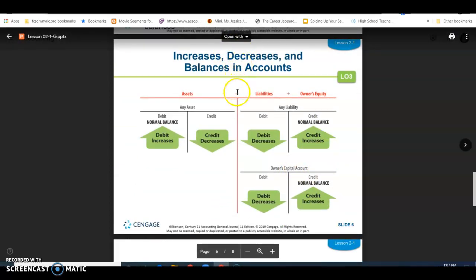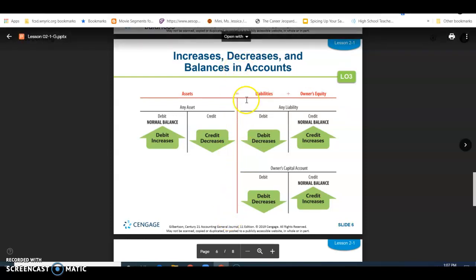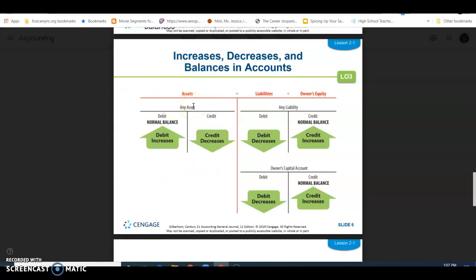We have our basic accounting equation with this wall between our assets, liabilities, and owner's equity. On the left side, we have assets. For any asset, it doesn't matter if it's cash, supplies, accounts receivable, prepaid insurance, or petty cash, the T account is always going to look like this. Debit on the left, credit on the right, and the normal balance is always going to be the side that increases.